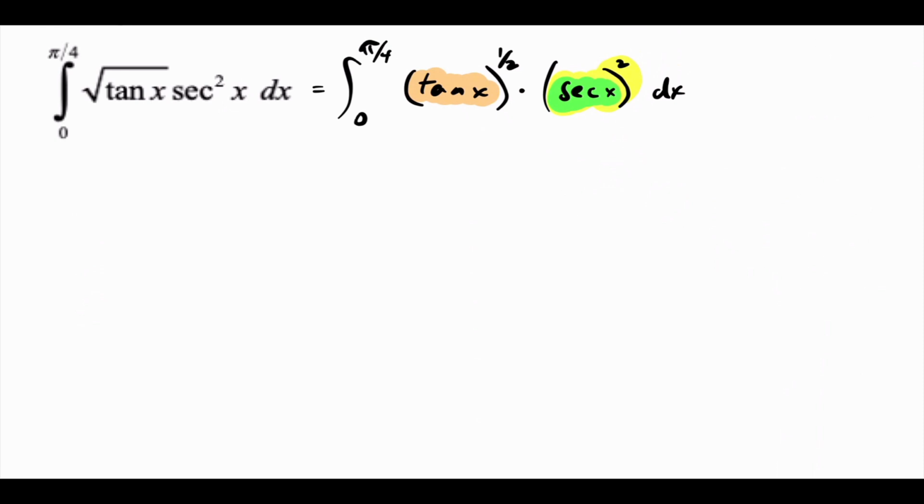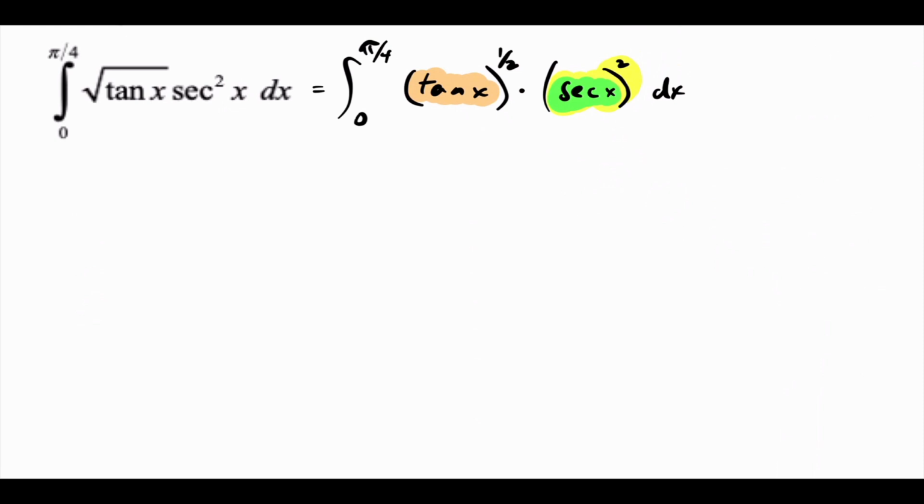Is it tangent or is it secant? The derivative of secant is secant tangent, right? So if I make this guy u, it's gone. I have tangent there, but is secant there too? No.